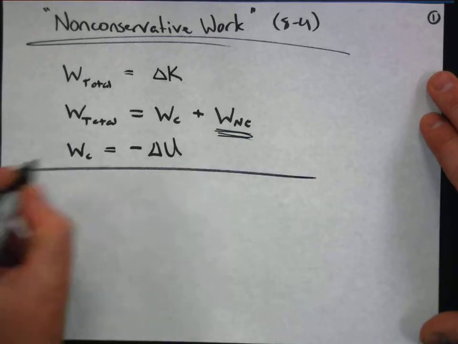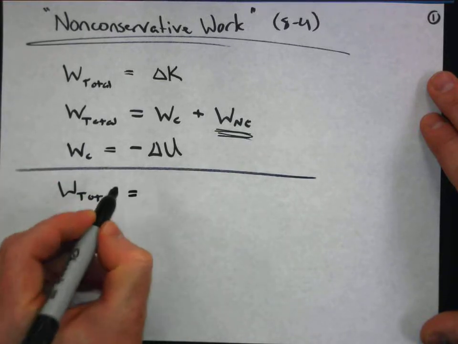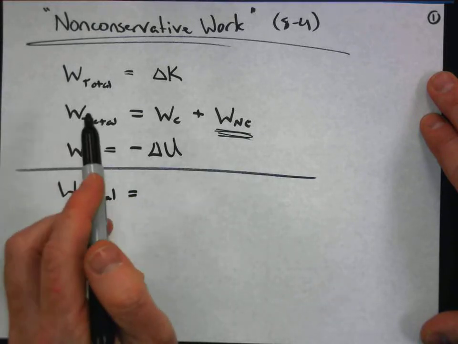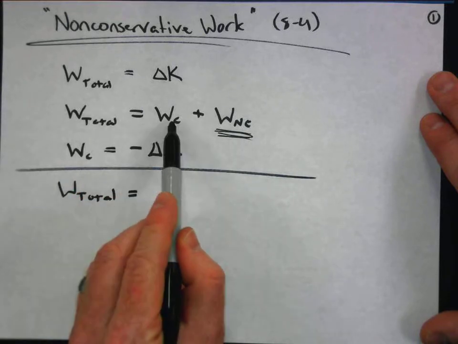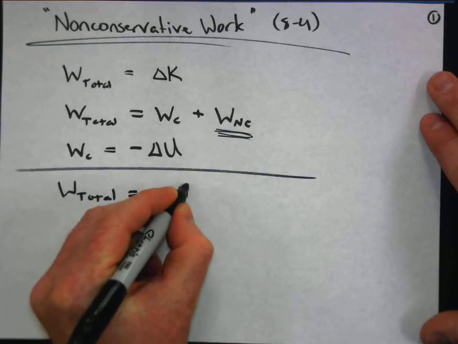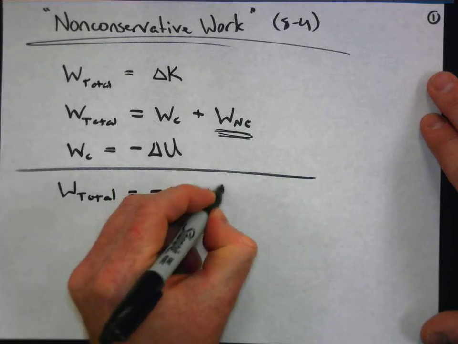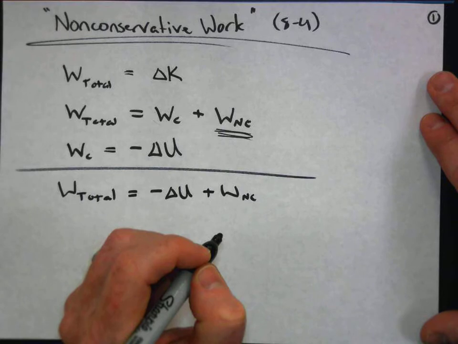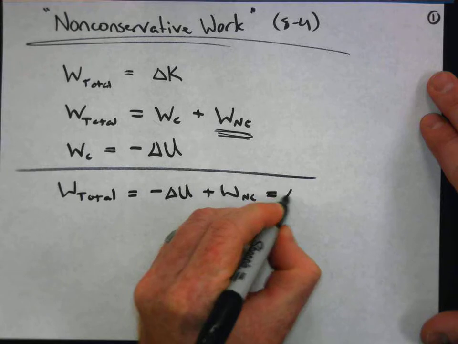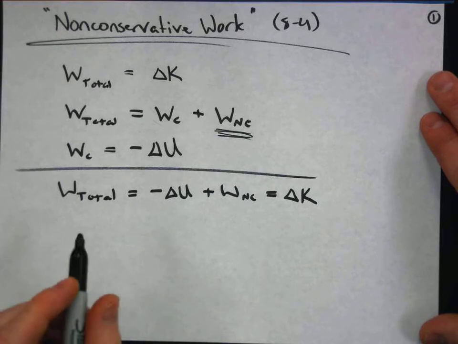We can say total work we know is equal to the amount of conservative work, which we know is the opposite of the change in potential energy of the system, added to the work done by non-conservative forces. But we also know that that amount, that total work, is equal to the change in kinetic energy of the system. So that connection is kind of going to be rather important for us.